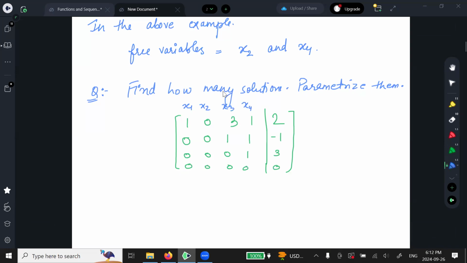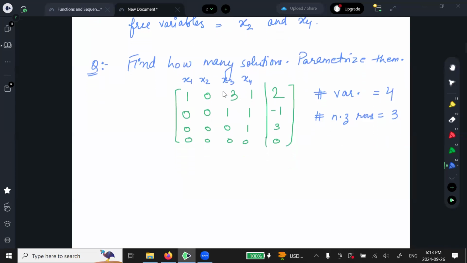Good job. Number of variables equals 4. Good. How many non-zero rows? Non-zero rows equals 3. Good job, right? Because you cannot make this one a 0 because that will also change, right? So you have non-zero rows 3.